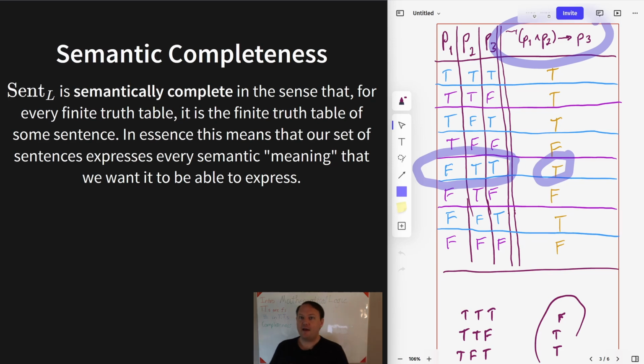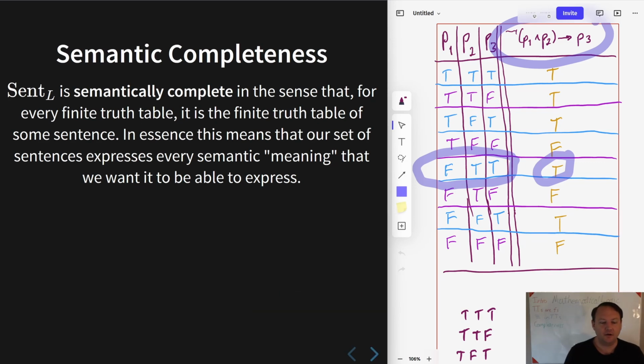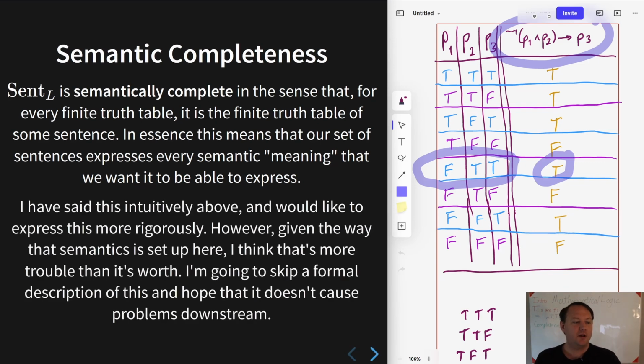So if every assignment has some sentence that effectively expresses it, then it's semantically complete. I'll also state that our set of sentences is semantically complete, and we will see in a moment how to demonstrate this.